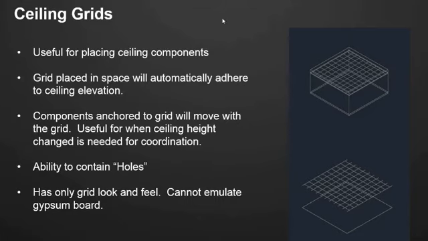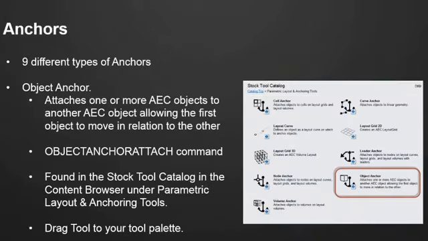So after ceiling grids, you get those in. You sometimes need to anchor your components because they don't automatically get anchored to the ceiling grid. AutoCAD MEP offers 9 different types of anchors. The one that you will be most interested in, and the one you'll probably use 99% of the time, is the object anchor.